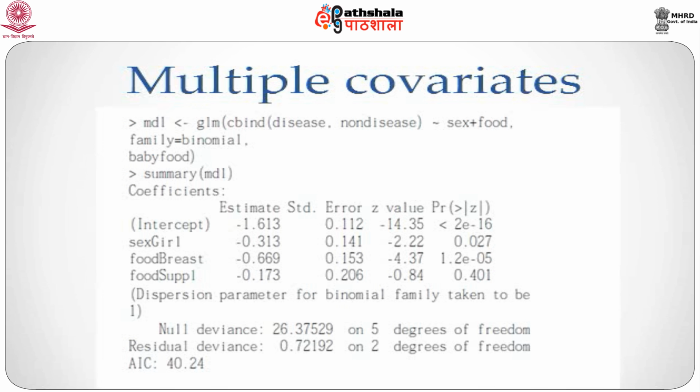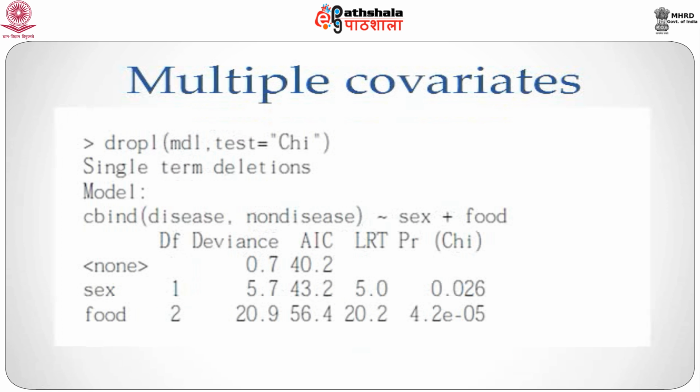The outcome looks more or less the same as before, only there are additional lines corresponding to the extra coefficients. There are many derivative functions which we can run on the GLM. So here, for example, we have used the drop1 function to drop one of the covariates at a time, and we have asked R to do a chi-square test comparing the two models.